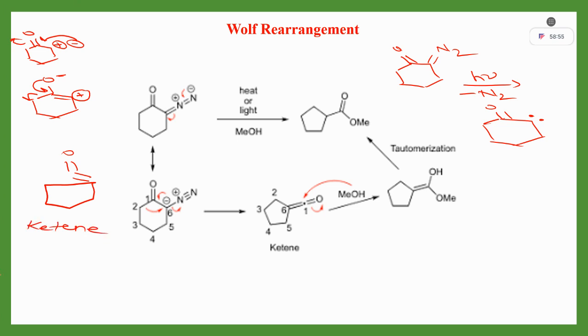A carbene you can consider as a positive and negative charge. Now, this ketene can be further attacked by your solvent, which is here methanol. So, methanol will obviously attack at which carbon? At here. And after tautomerism, it will lead to formation of this ester. So, this was your Wolff rearrangement. Understood?